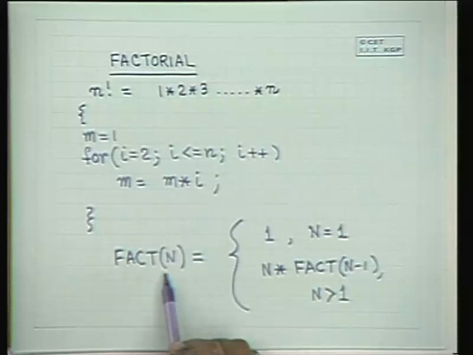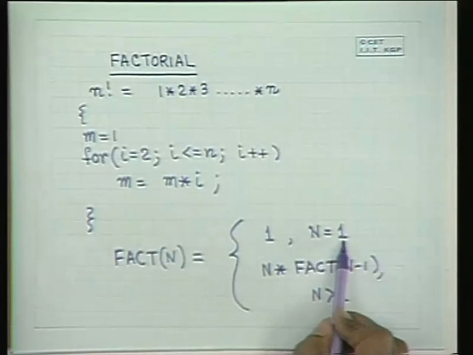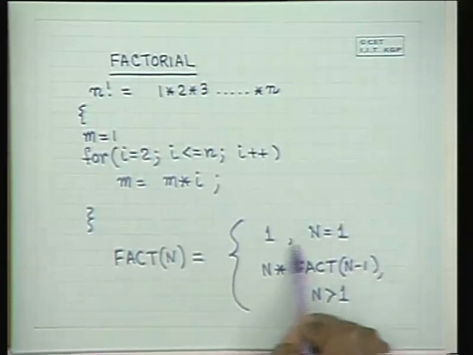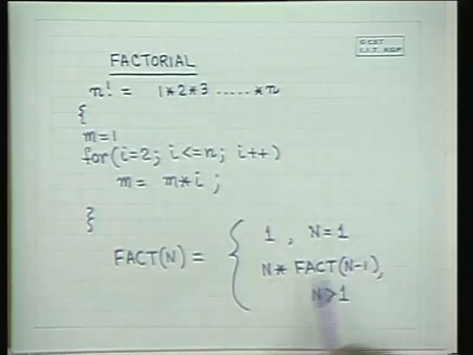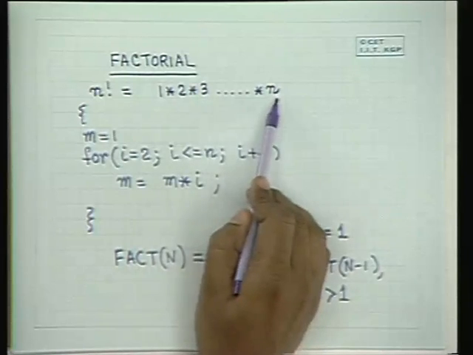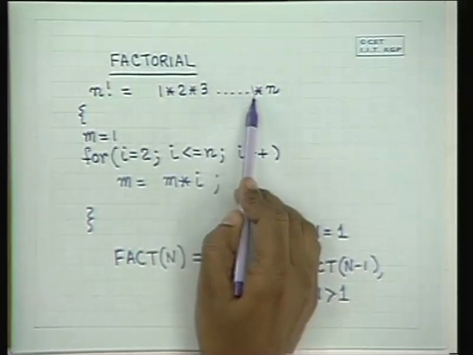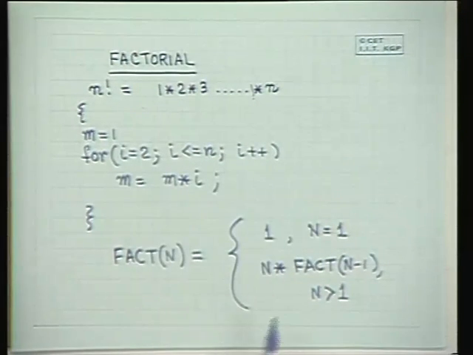So factorial of n is equal to 1 if n is equal to 1, which is the base of the inductive definition. Otherwise, it is n multiplied by the factorial of n minus 1, which you can obviously see if you look at it backwards.